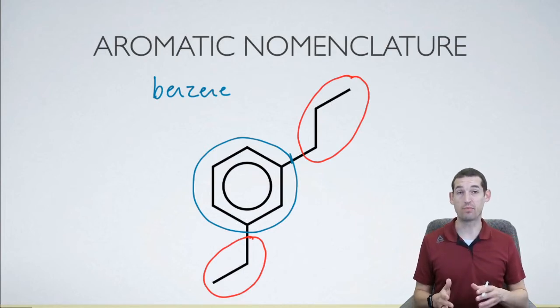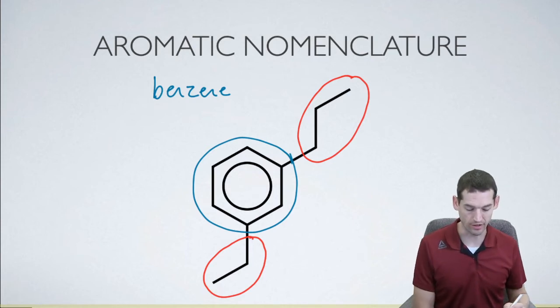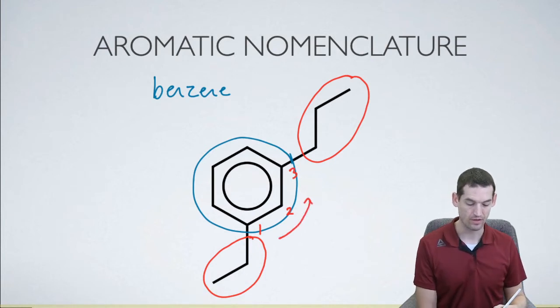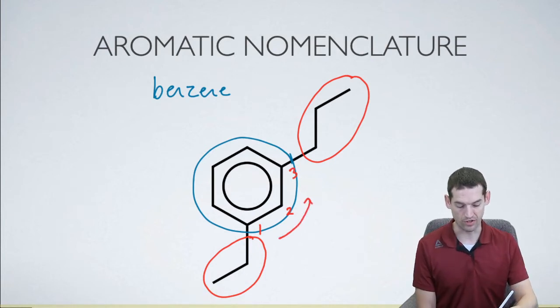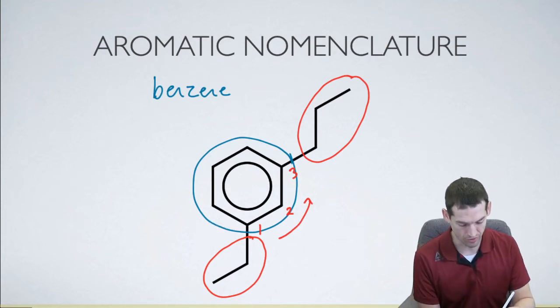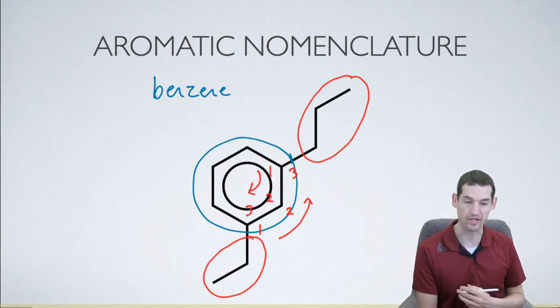Now to number the parent so I know where those branches are, if I start here, I go 1, 2, 3 if I go this way. I obviously wouldn't start here and go that way. That's not going to work. The numbers would be too large. But I could also go 1, 2, 3 and number this way.